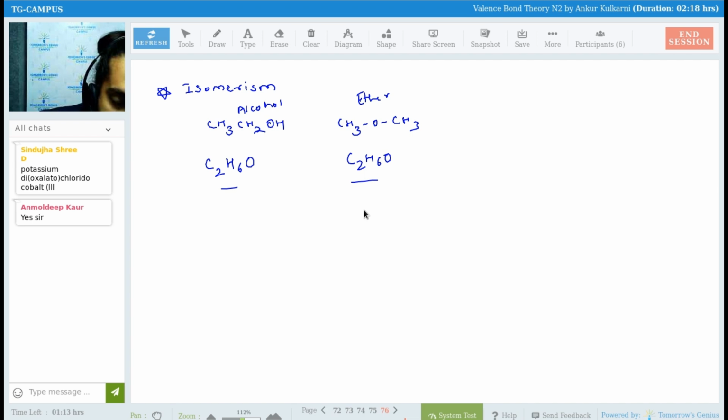That is your simple, basic isomerism. Is it clear? The chemical formula is the same, but the structural formula is different. The structure is different, the attachments are different.